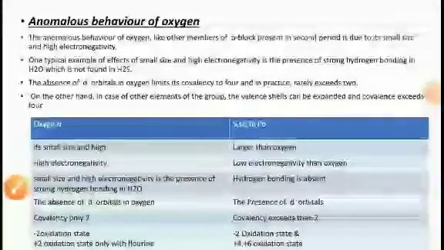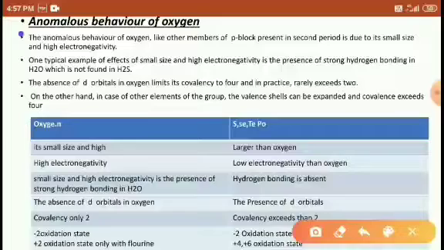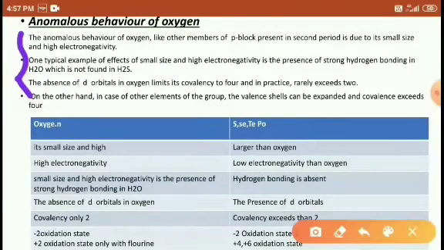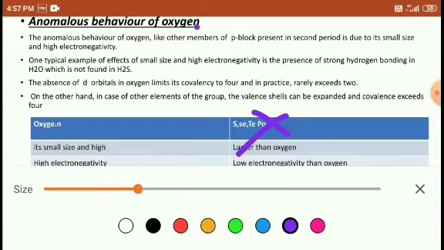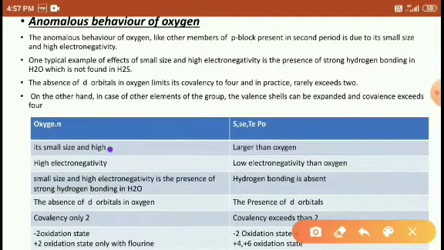Anomalous behavior of oxygen. Whatever is written over there, students, is written in this column. Some important properties of oxygen cannot be exhibited by the other elements, sulfur, selenium, tellurium and polonium. Right, students? Here oxygen is small in size, other elements are larger in size. Oxygen is highly electronegative, others are less electronegative.